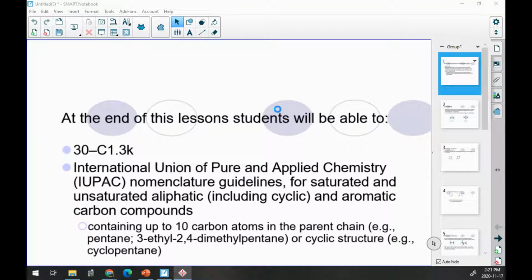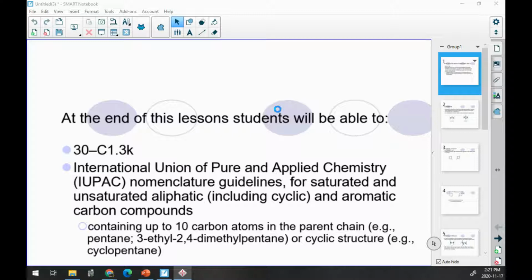The oxides of carbon are not considered to be organic chemistry, so carbon dioxide and carbon monoxide. Also HCO3 negative and CO3 2 negative. They contain carbon, but they're not considered organic chemistry.